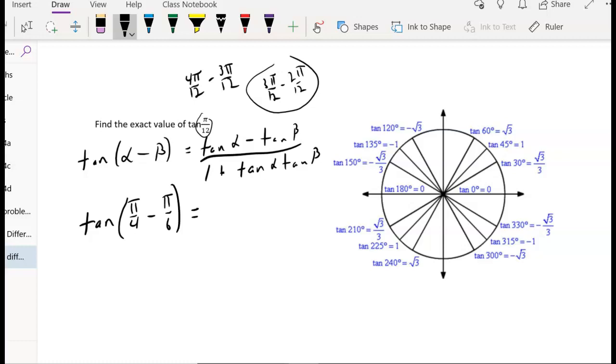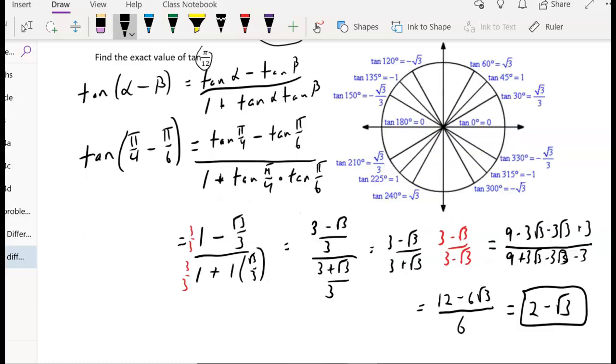That's going to equal the tangent of alpha, which is pi over 4, minus the tangent of beta, which is pi over 6, all over 1 plus their product, the tangent of pi over 4 times the tangent of pi over 6. Now we're going to convert all these into numbers and then simplify. I'm going to pause it, let you convert it into numbers and simplify, and then we'll compare answers. So go all the way to simplifying this time.